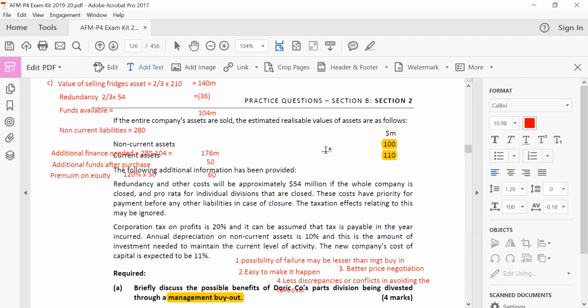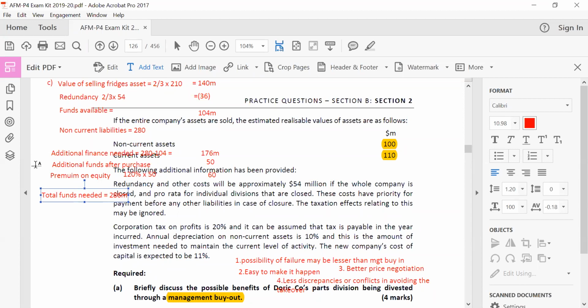Right. So at the moment, these are all the funds that the company needs. So what to do is to estimate the total funds needed. Total funds needed is going to be the 176 plus 50 plus 60. So that gives me 286 million.